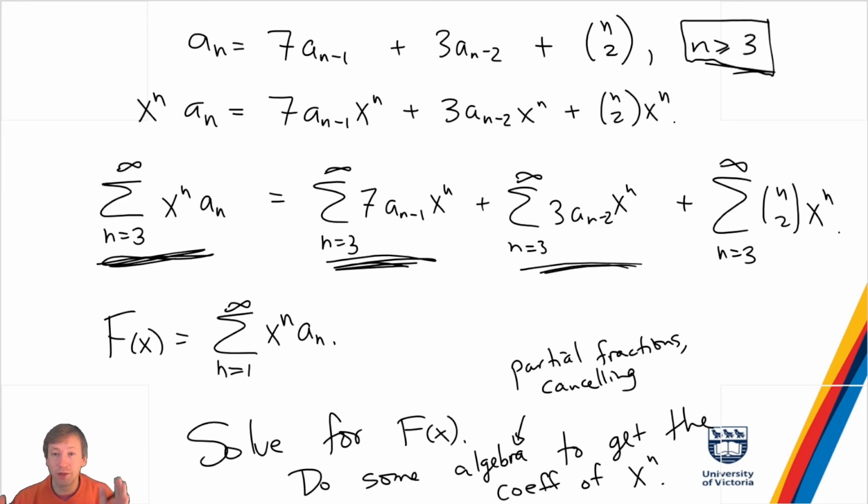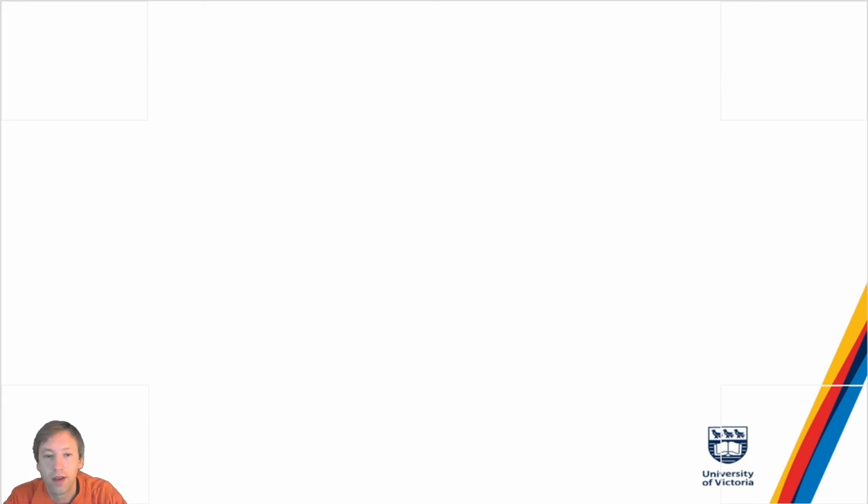Take your recursive definition, multiply both sides by x to the n, sum it up, and recognize the different pieces, which are basically the same as f of x, maybe with some terms missing. Solve for f of x, and then do all of this partial fraction stuff and whatnot to get the coefficient of x to the n. And then the coefficient of x to the n is the formula for an.